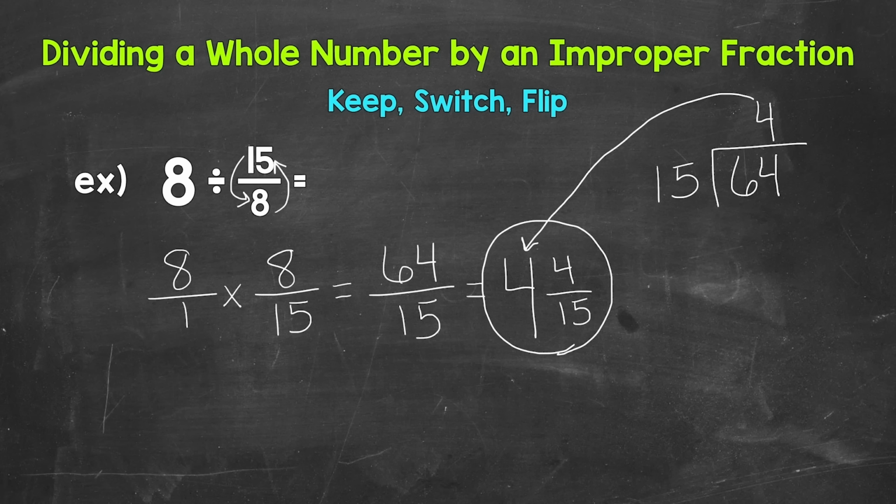Now we multiply. 4 times 15 is 60. Subtract, 64 minus 60 gives us 4. So we have 4, remainder 4. That remainder is the numerator of the fractional part of the mixed number. And then we keep the denominator of 15 the same. So there's how to divide a whole number by an improper fraction.